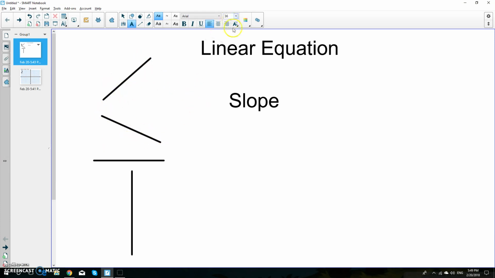While we are at it, I just want to get that out now. If you have a line going in this direction, the slope is going to be a positive slope.